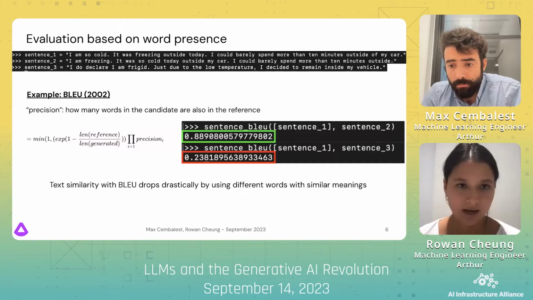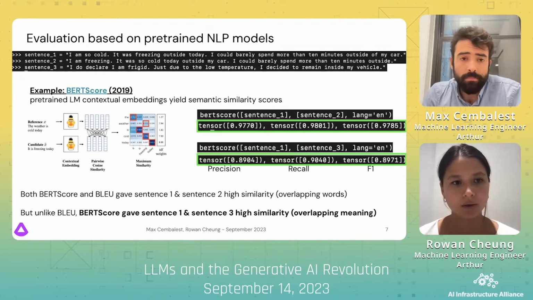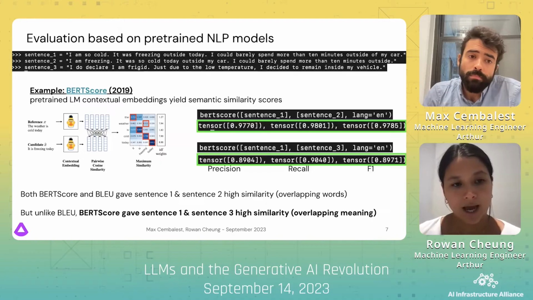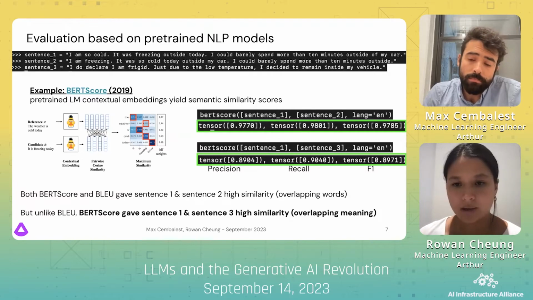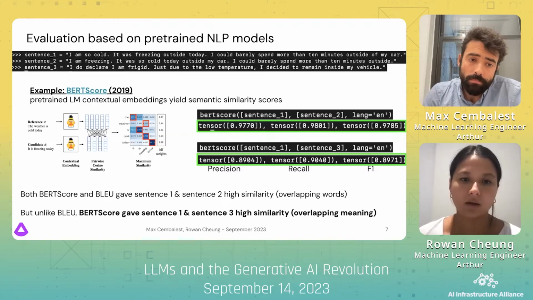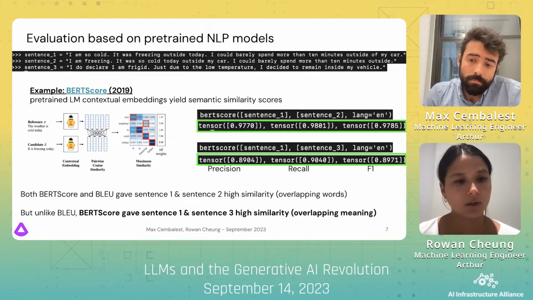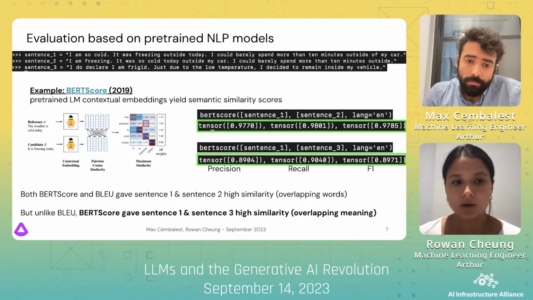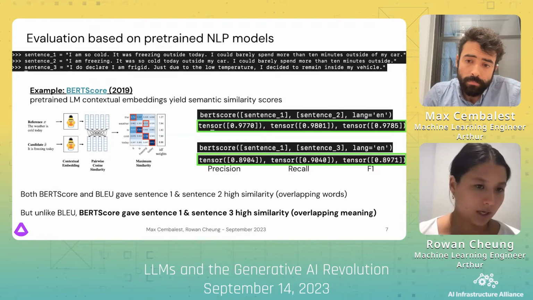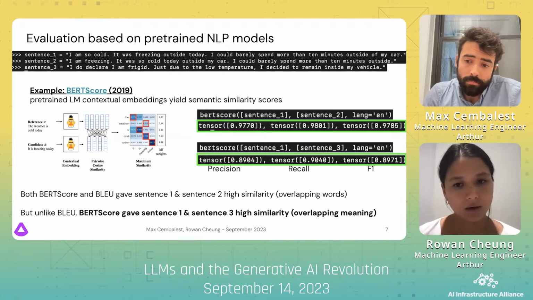So moving to the next class of using a pre-trained NLP model, we are looking at BERTScore, which seeks to do a similar type of measurement of the overlapping tokens between each of these sentences, but instead of using the raw tokens themselves, we are using contextual embeddings drawn from a pre-trained LLM like BERT or any other.